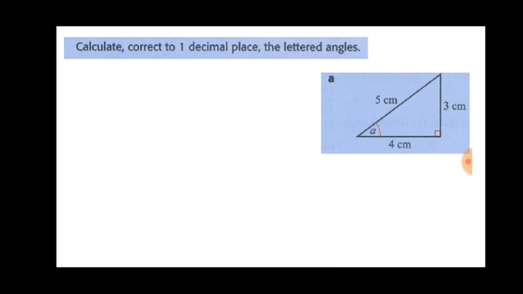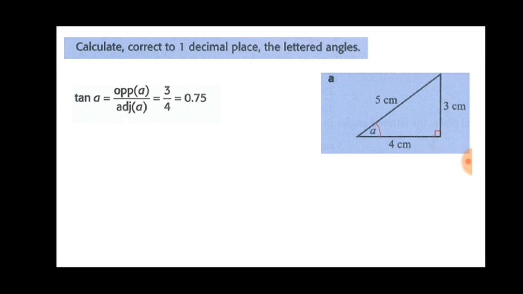Calculate, correct to one decimal place, the lettered angles. We need to find angle A from the figure. We can use tan ratio.